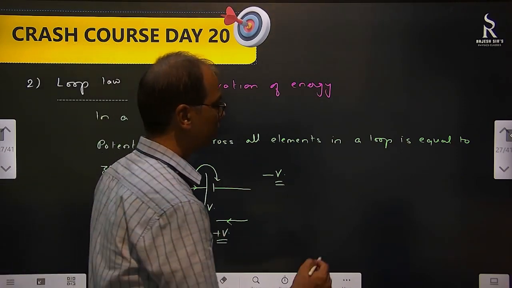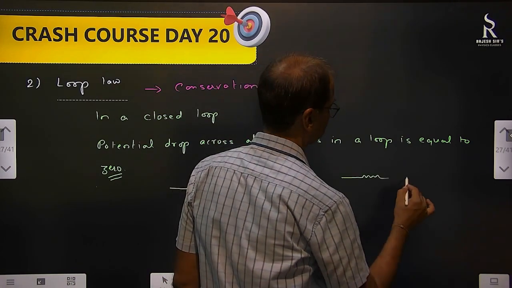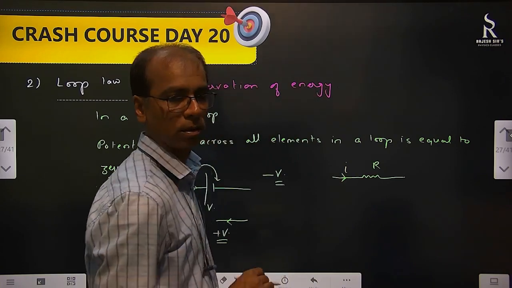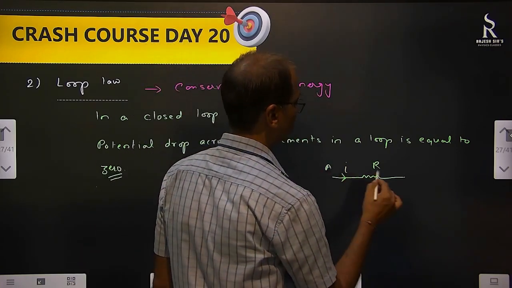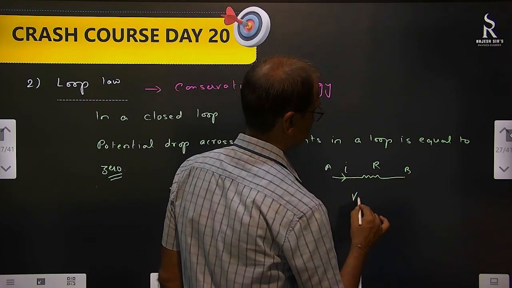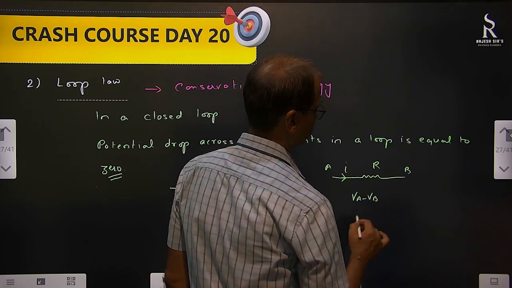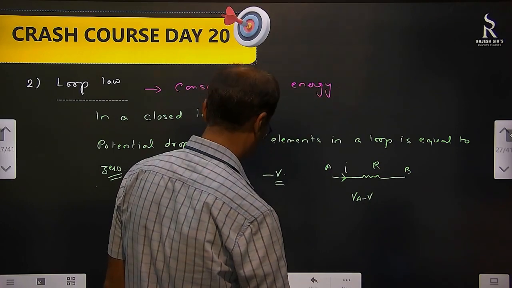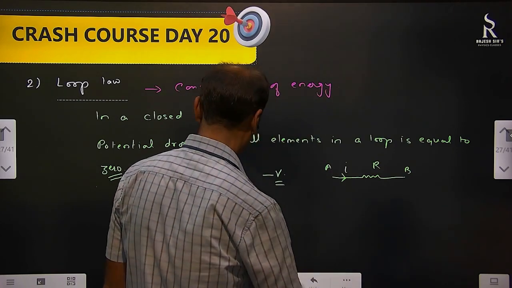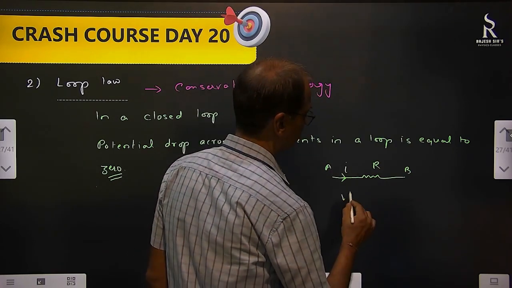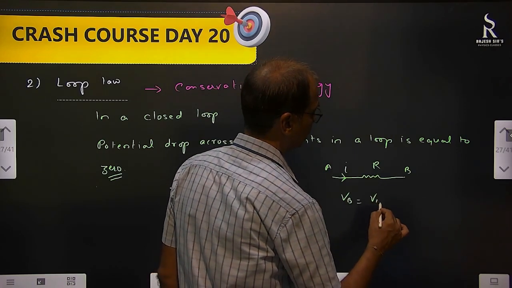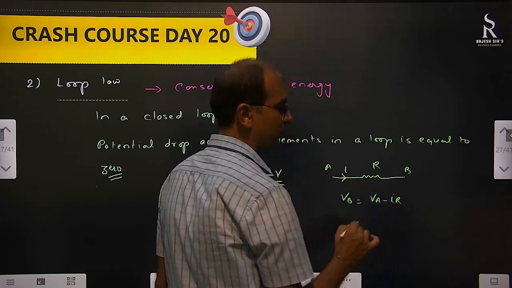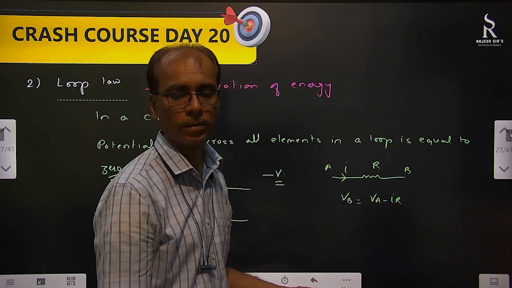In a resistance, if the current is like this and we are asked what VB is, then VB is VA minus IR. So if you go through the resistor in the direction of current, potential drops.